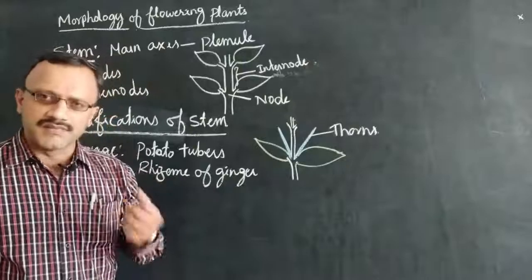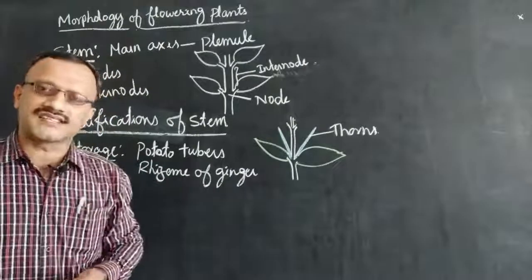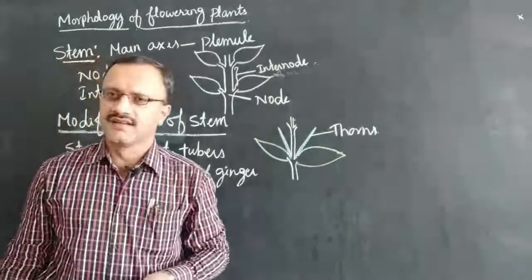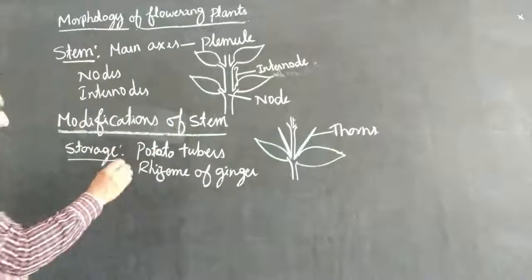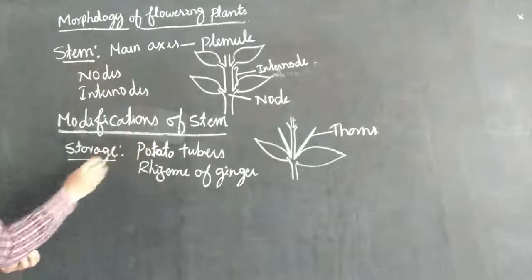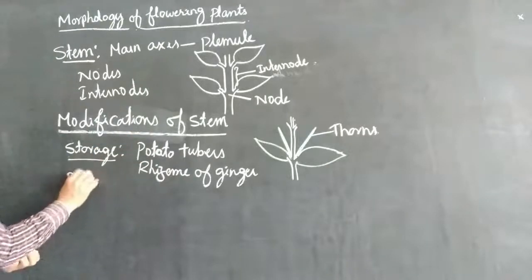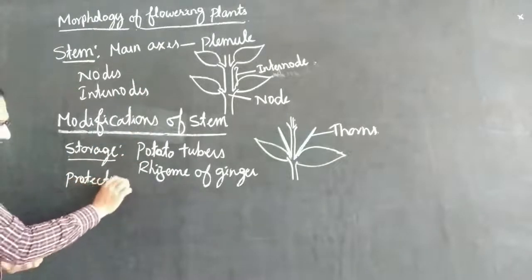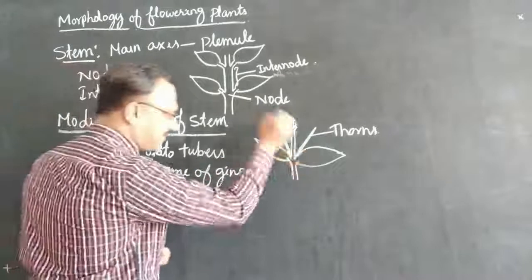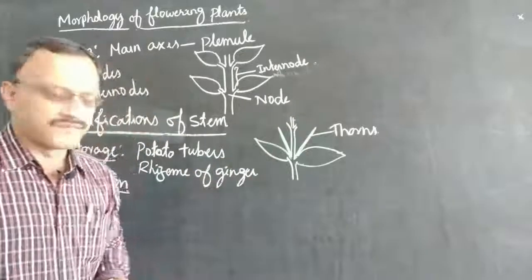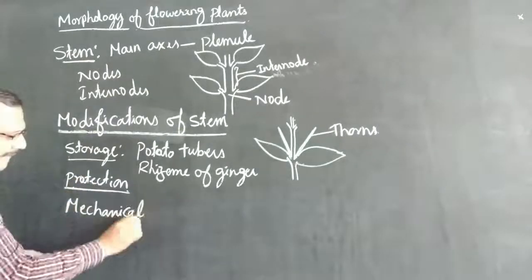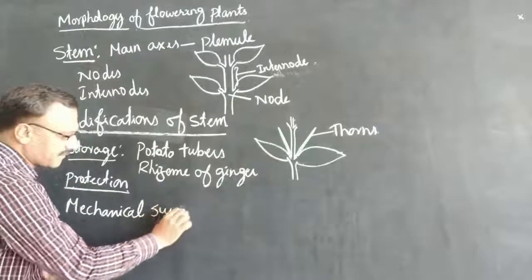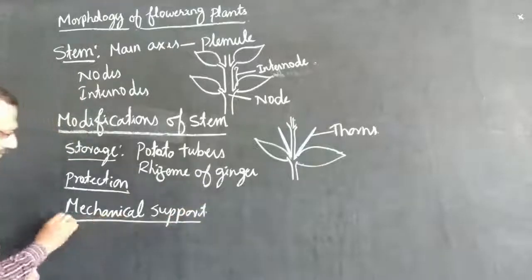Similarly, in some weak stem plants like climbers and creepers, it helps in mechanical support. So here, protection in case of bougainvillea. Similarly, we have one example for mechanical support.